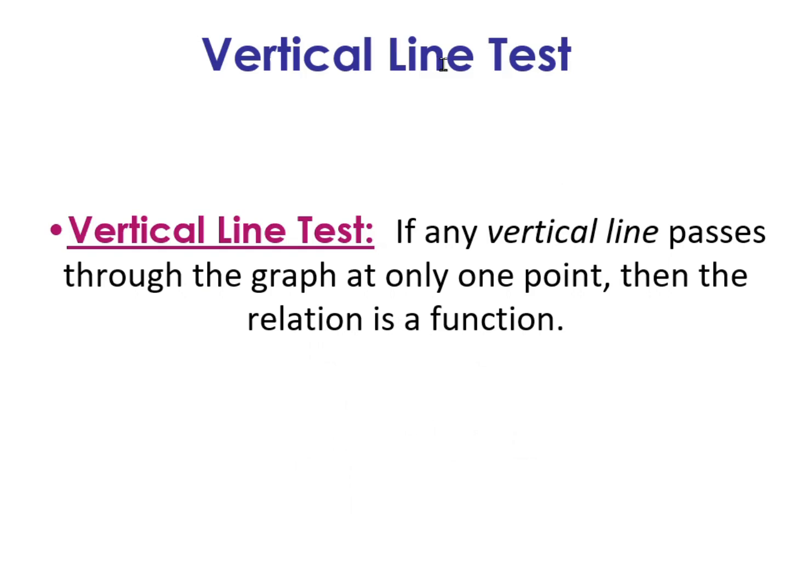Now, there's another way to figure out if the relation is a function or not, and we call that a vertical line test. So what is a vertical line test? If a vertical line passes through the graph at only one point, then the relation is a function. And if it passes through the graph at two or more points, then the relation is not a function.